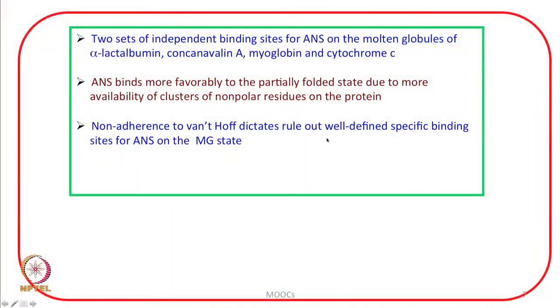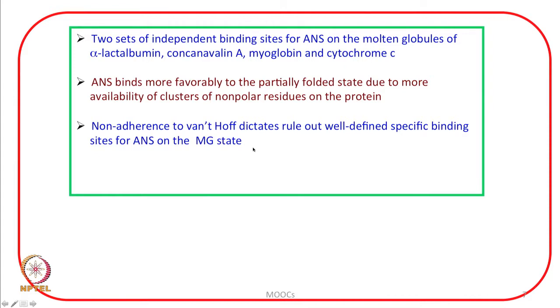In this particular case, the comment made is non-adherence to Van 't Hoff dictates. In this case, the Van 't Hoff enthalpy did not match with the calorimetric enthalpy, and the non-adherence of Van 't Hoff dictates ruled out well-defined specific binding sites for ANS on the MG state.